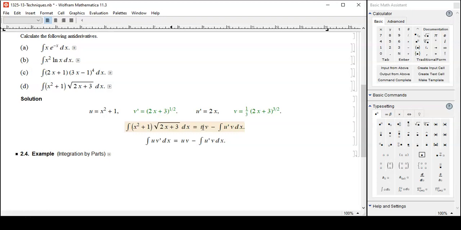And then u times v: u is x squared plus 1, and v is, as you have over here, 1/3 times (2x plus 3) to the 3/2 power. Now 2x for u prime, and v is 1/3 times (2x plus 3) to the 3/2 power.